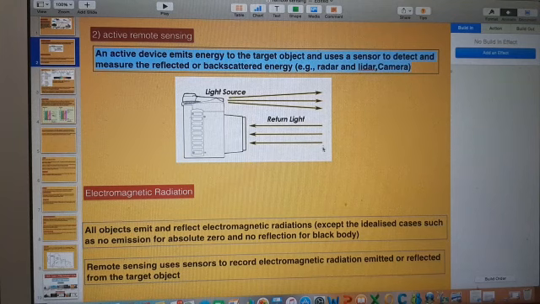So we have some target over here. So when energy is emitted by the device, that is active remote sensing.